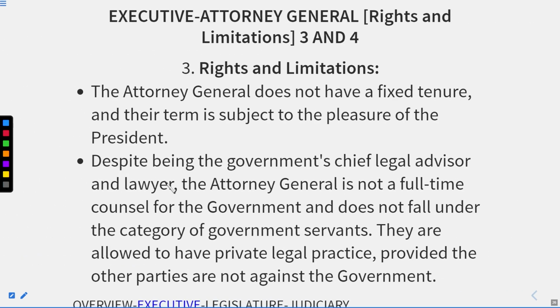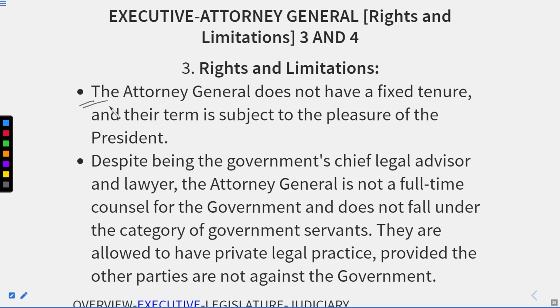Okay. Thereafter, the Attorney General does not have a fixed tenure and their term is subject to the pleasure of the President. It means that they are not appointed for a fixed time period, whether 5 years, 4 years, or 6 years. They are generally appointed till the President favors them.